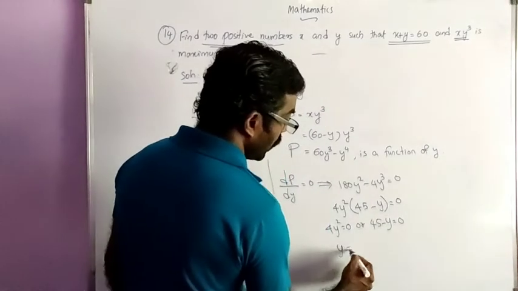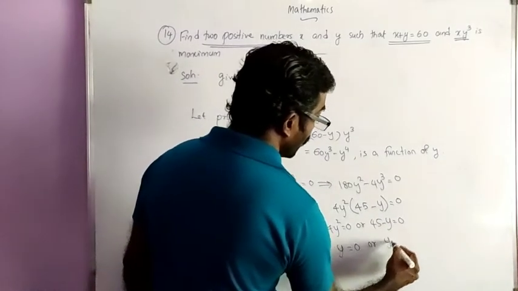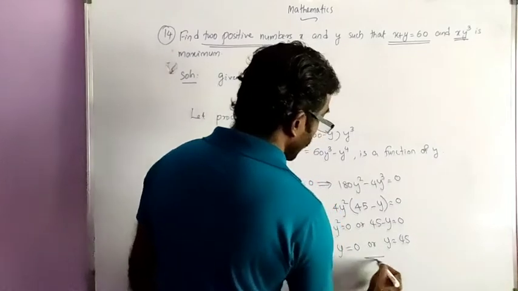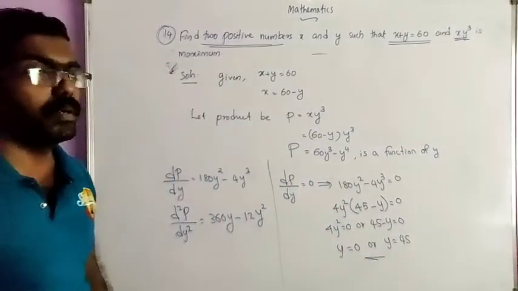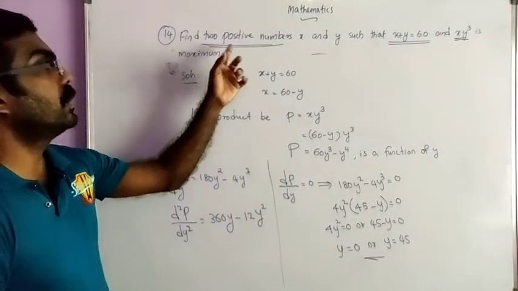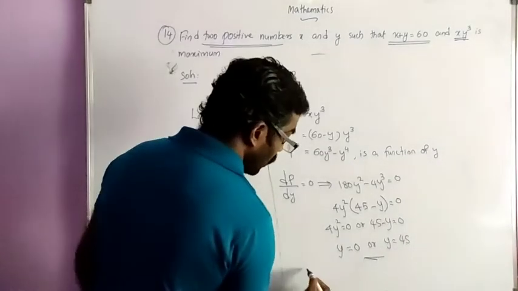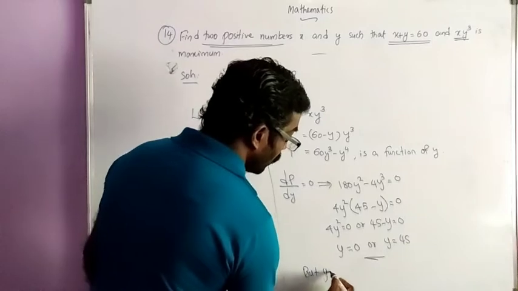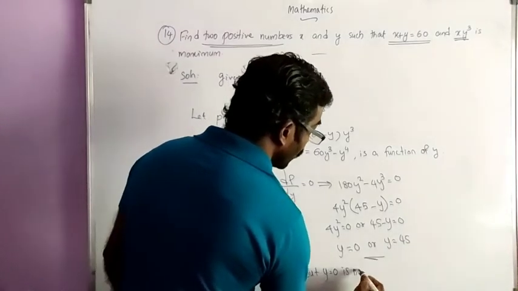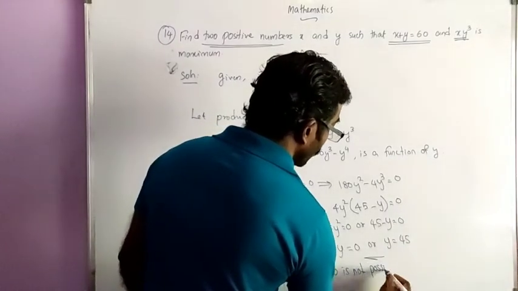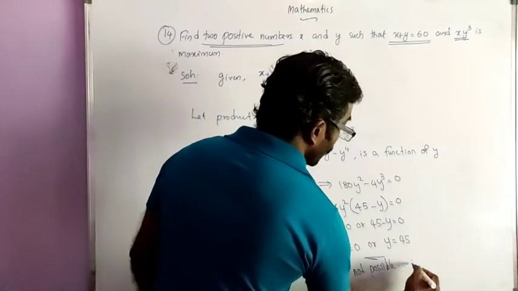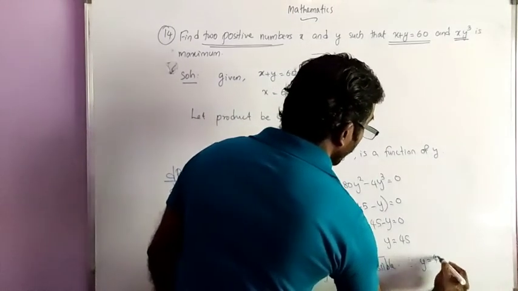From this we can write y equal to 0 or y is equal to 45. But y equal to 0 is not possible since we have to find two positive numbers x and y. So it is not possible. Therefore y is equal to what?